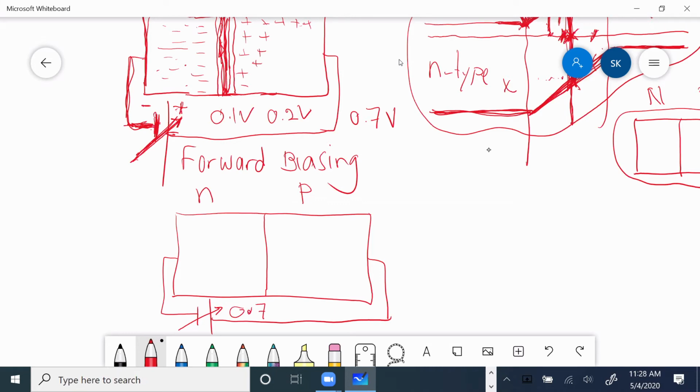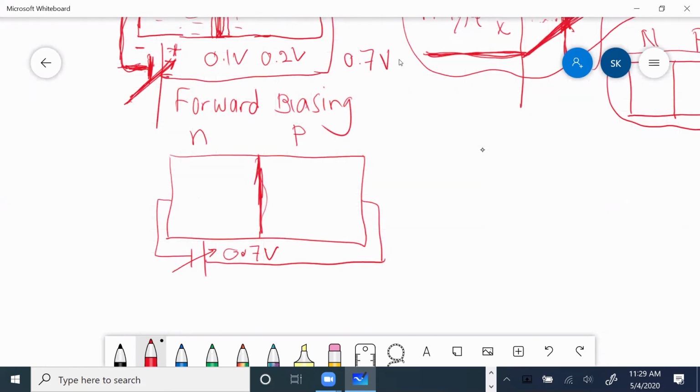0.7 of a volt. I have no depletion region whatsoever, although I'm showing this junction, but really the junction doesn't exist either. Correct? Because if they are both material, what am I talking about?